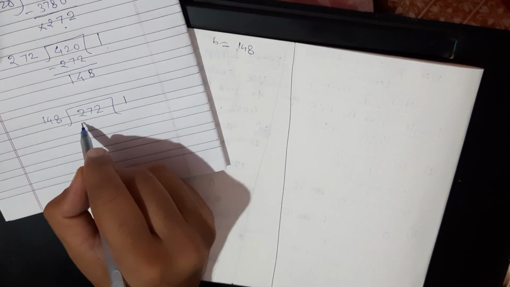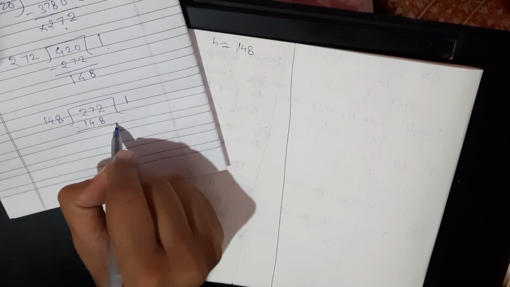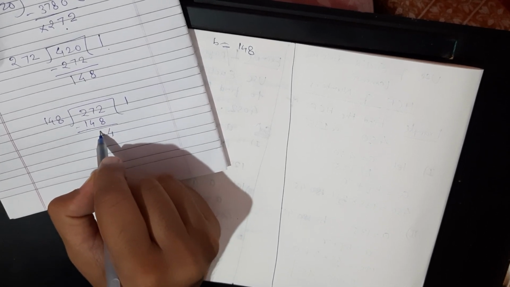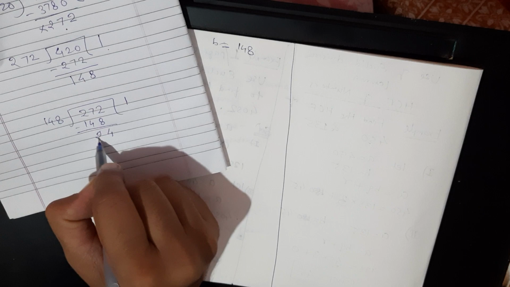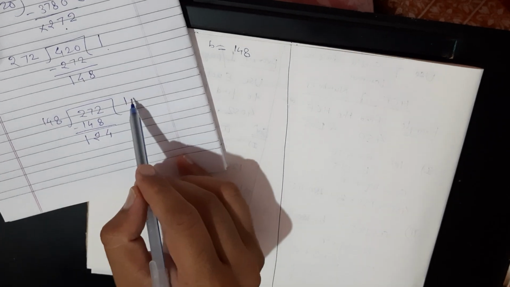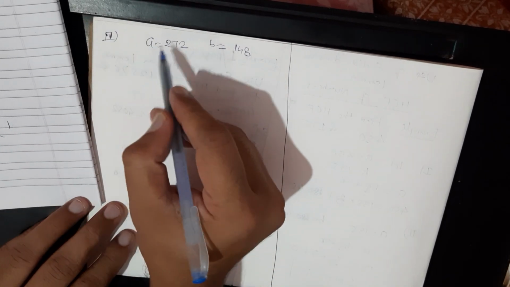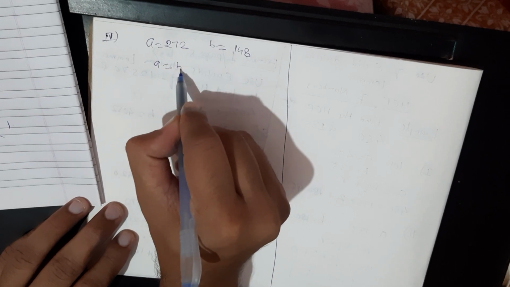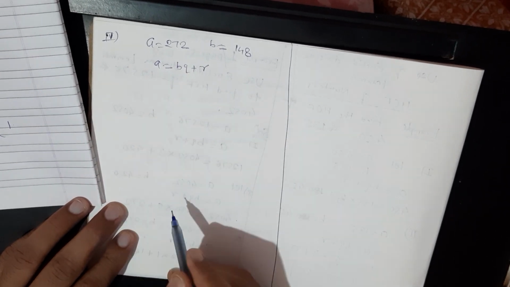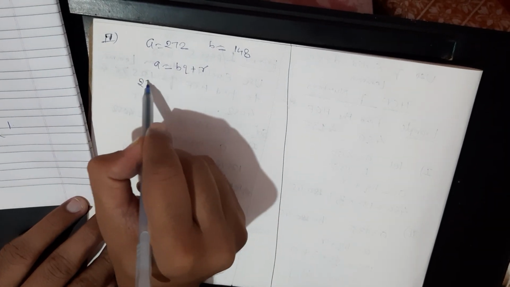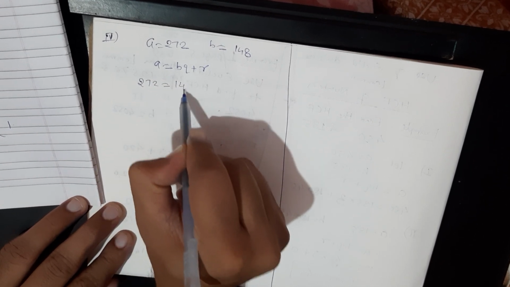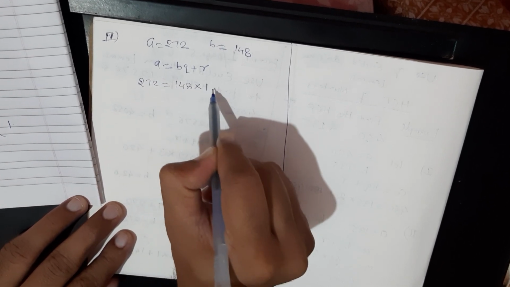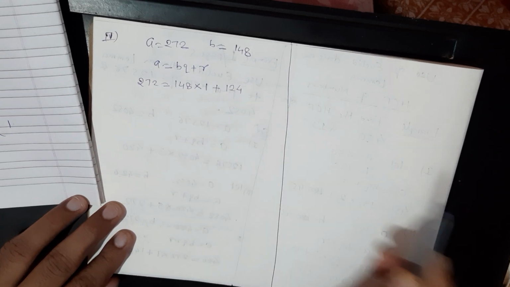It's 1. Now quotient is 1, remainder is 124, arranged the same way. A is equal to 272, B is equal to 148, quotient is 1, remainder is 124.